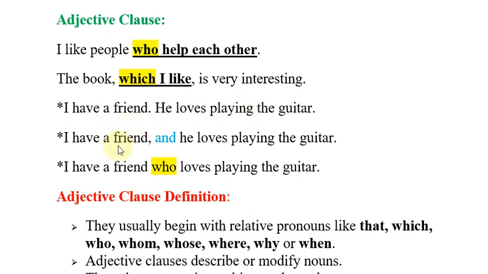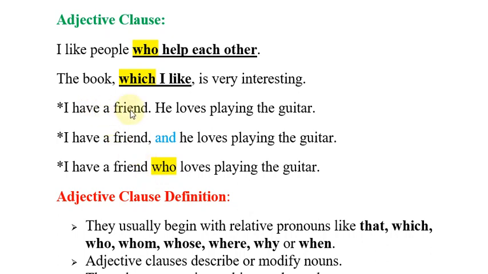The first step is like this. I have a friend, comma, and he loves playing the guitar. This is the first step. The second step is to use complex sentences. One of the ways to make complex sentences is to use these relative pronouns, who, which, that, whom, whose.